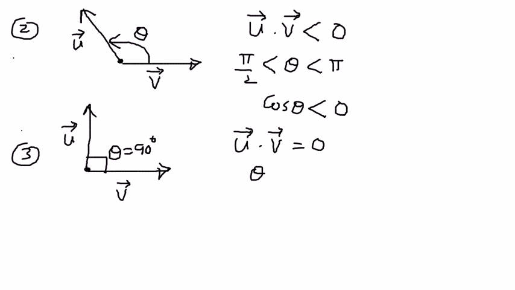So theta therefore will be equal to pi over 2, and also cosine theta is going to be equal to 0. So cosine pi over 2 or cosine 90 degrees is going to be equal to 0 in that way.